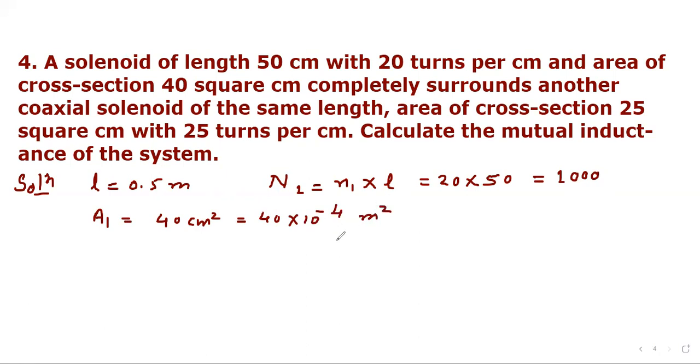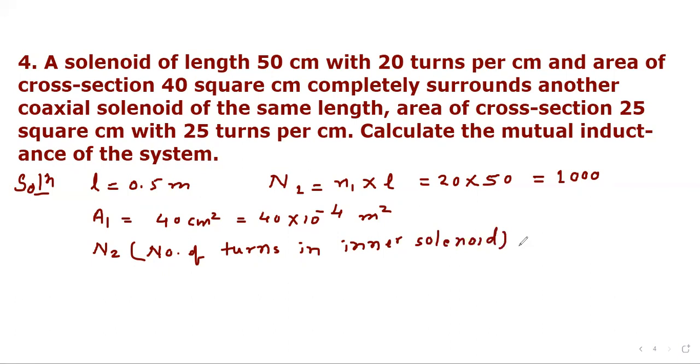Total number of turns in inner solenoid, N2, is equal to number of turns per unit length times length. So number of turns per unit length is 25, length is 50 centimeter.